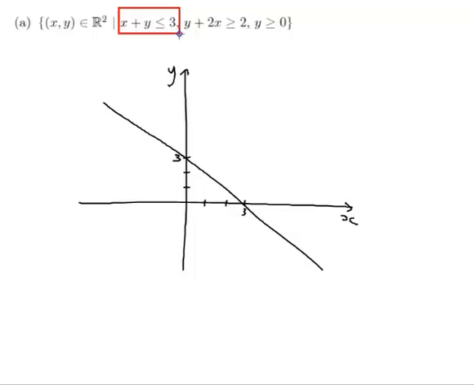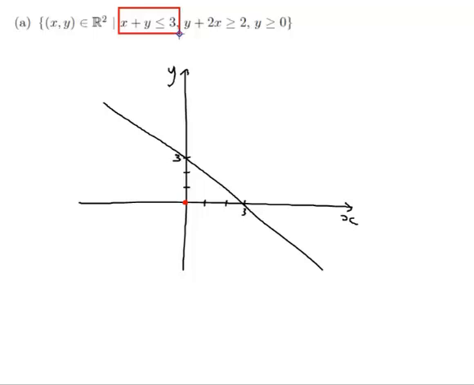What I need to do now is decide which side of that line is x plus y less than or equal to 3, and which side of the line is x plus y greater than or equal to 3, so I know which one I need. Every point on one side will satisfy the inequality, and every point on the other won't. So all I need to do is pick a point and see whether it works. A perfectly good point is, of course, the origin, which is 0, 0.